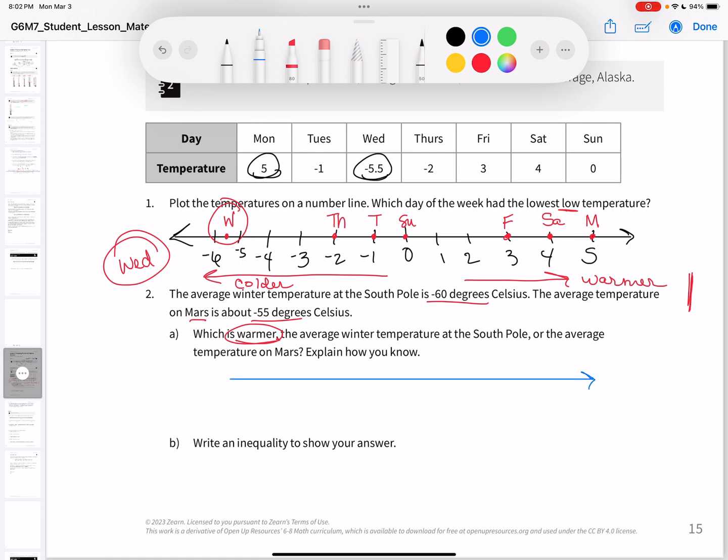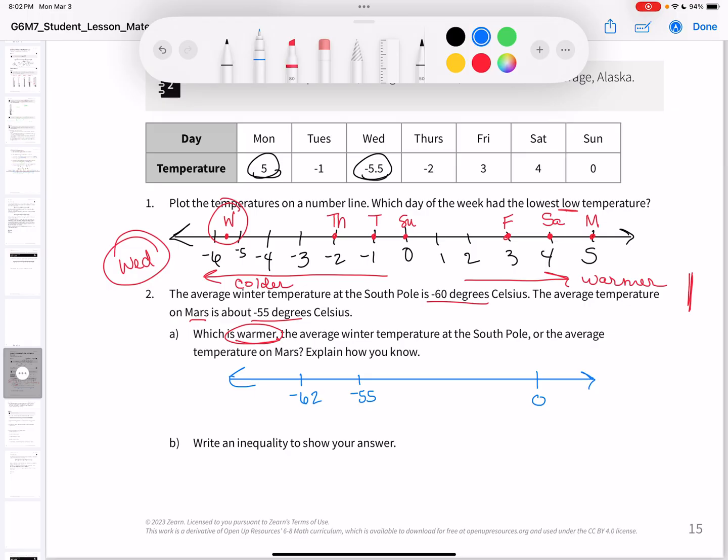Now they're both negative numbers, so I'm going to put 0 over here. And then which one is further away from 0? Well, negative 62 is further away from 0. And then we have negative 55, which is about there, let's say. Okay?